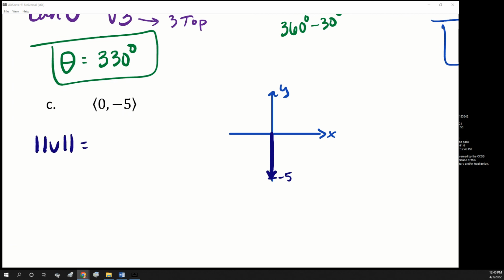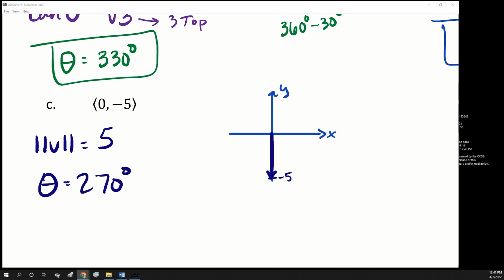How long is that vector? 5 units. What's the direction angle? Pretty easy. So if it's a horizontal or vertical vector, don't worry about using the formulas. Just use your common sense.